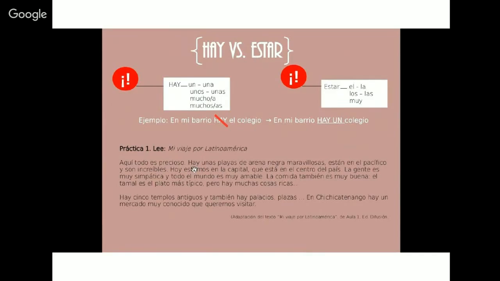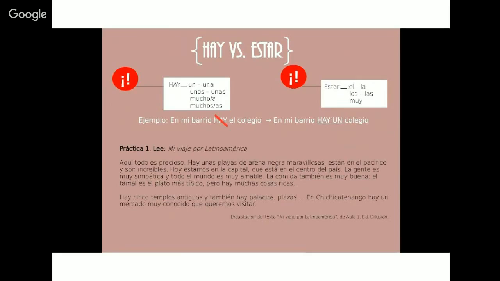Then we have, hay unas playas de arena negra maravillosas. So there are some beaches of wonderful black sand. Hay unas playas. So we're showing the existence of these beaches and we haven't mentioned them before. So we're introducing this new information.